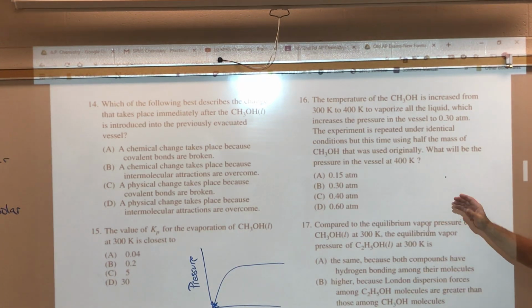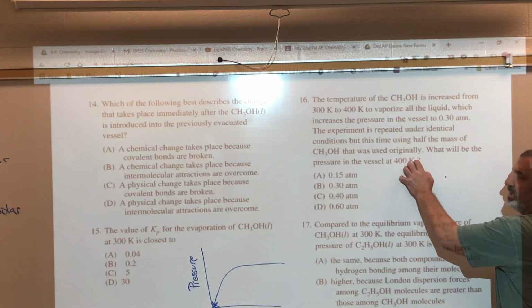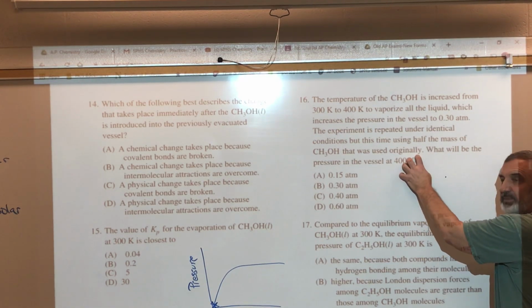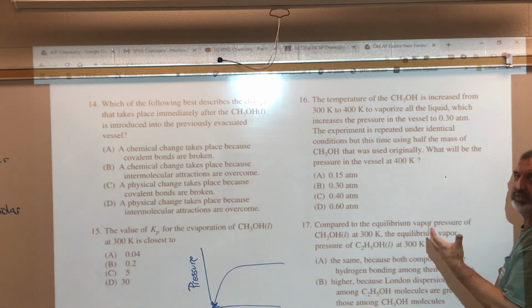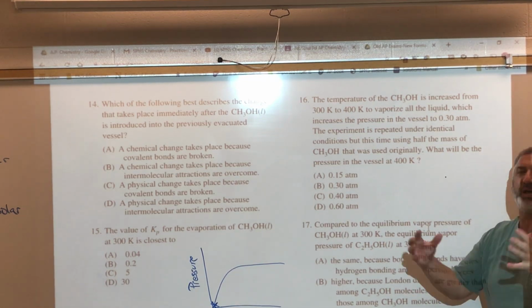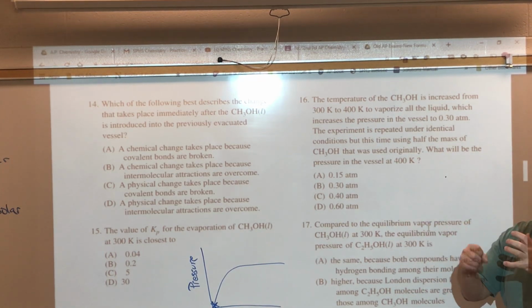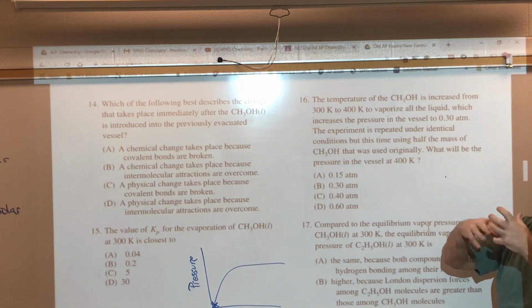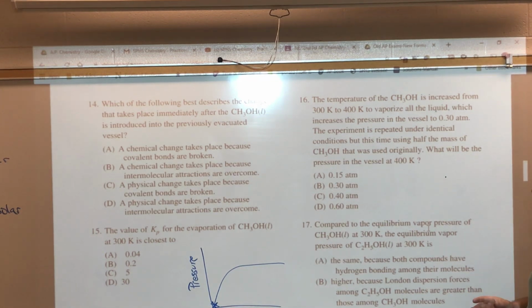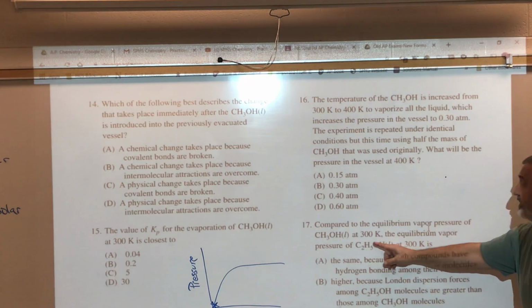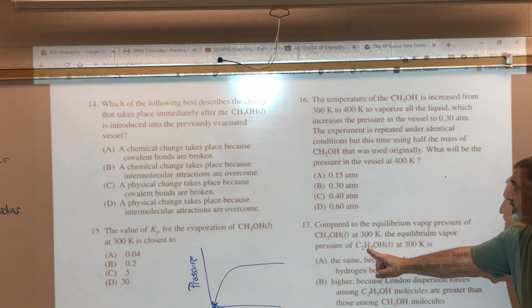That's the trick. The whole point of this question is vapor pressure is dependent upon temperature. Same temperature, the vapor pressure is always going to be the same. It doesn't matter what size the container is. It's going to evaporate or condense to get to that exact vapor pressure, as long as there's some liquid left in the bottom.